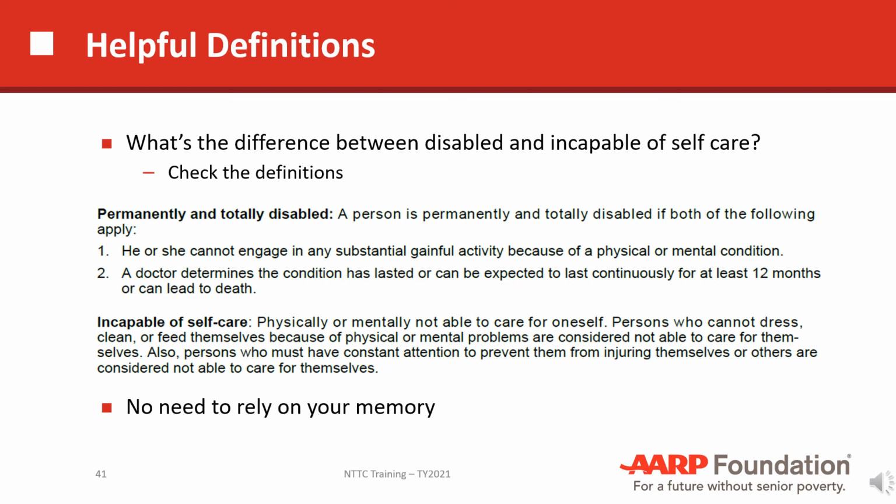A person is permanently and totally disabled if both of the following apply. Number 1, he or she cannot engage in any substantial gainful activity because of a physical or mental condition. Number 2, a doctor determines the condition has lasted or can be expected to last continuously for at least 12 months or can lead to death.